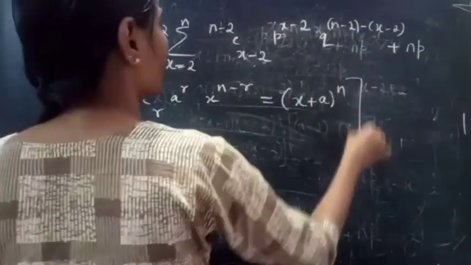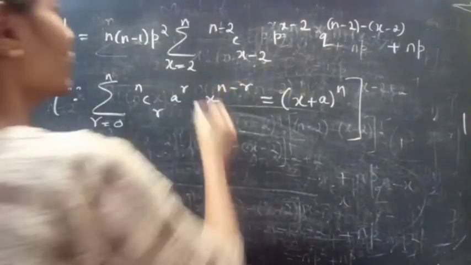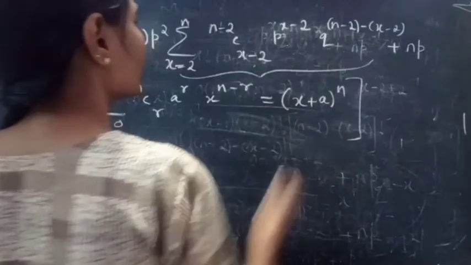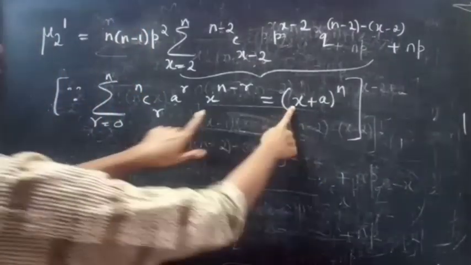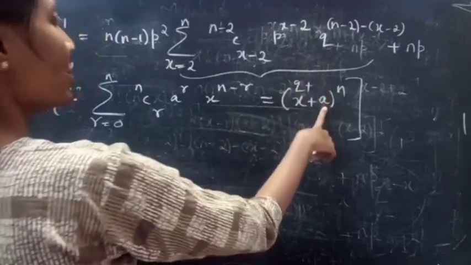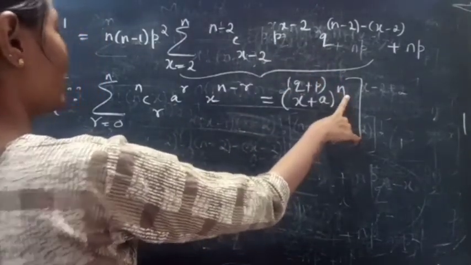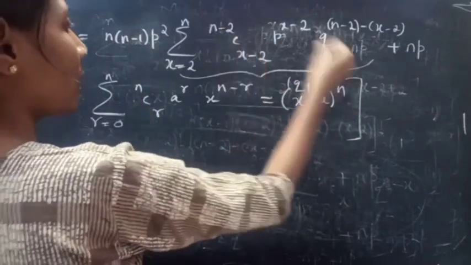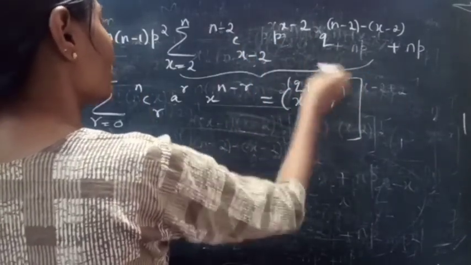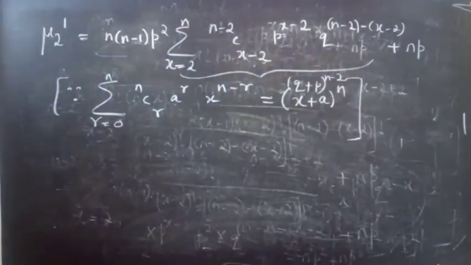Using this formula, in the place of x you are having q, in the place of a you are having p, and in the place of n you are having n minus 2. So you could write it as q plus p whole power n minus 2.